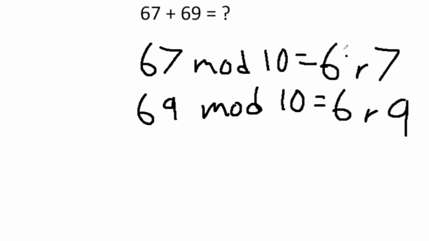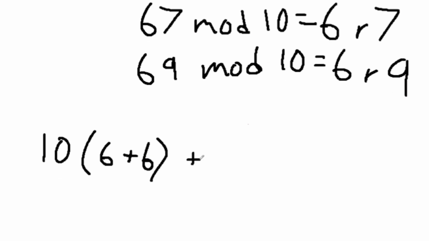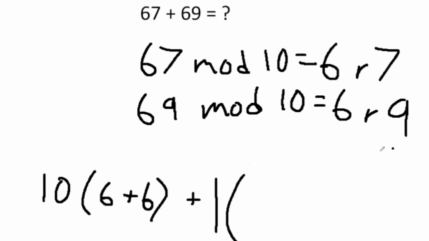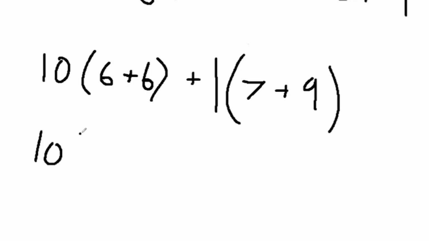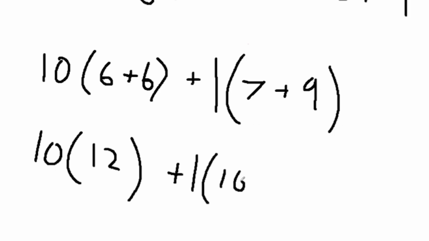So we can group these as 6 times 10, because that's what we modded by. So 10 to the 6 plus 6, plus the remainders, which is always going to be 1. 7 plus 9. 6 plus 6 is equal to 12, so we can do 10 to the 12. 7 plus 9 is equal to 16, so we can do 1 to the 16.